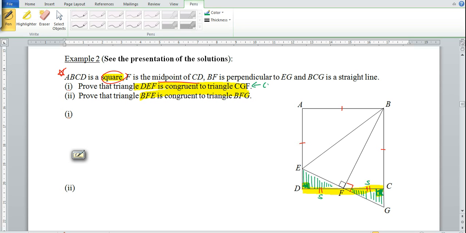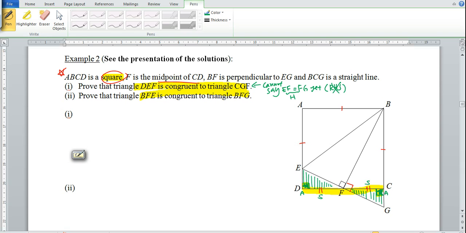Okay, cannot say EF is equal to FG yet, because there is no link or whatsoever in the question that tells me directly. So I cannot use this H. So it seems like, again, this is our hypotenuse. So since we cannot use this, it is not going to be a RHS test. Okay, so this right angle is just an angle that we're talking about.